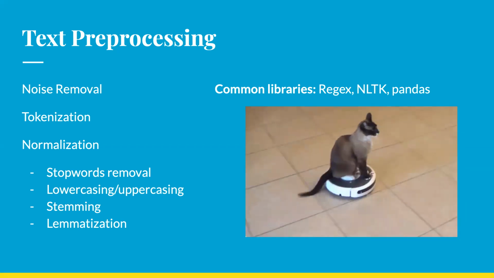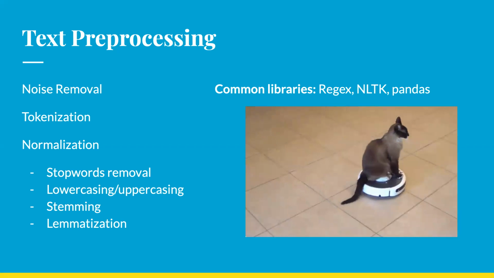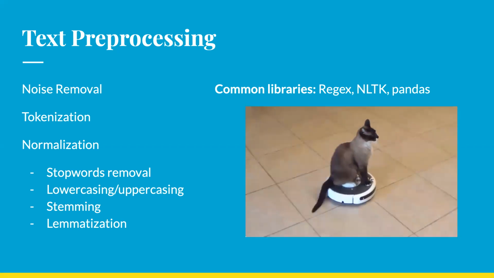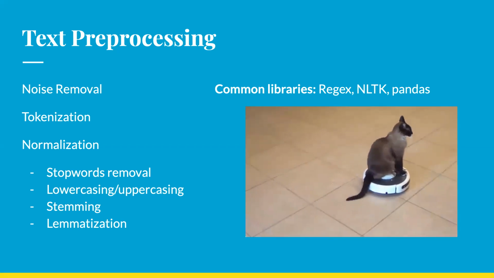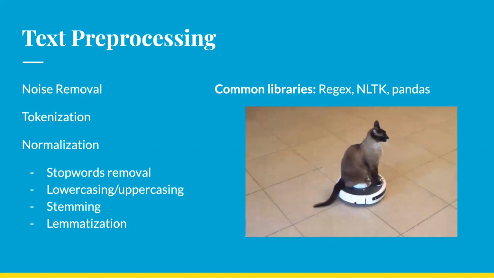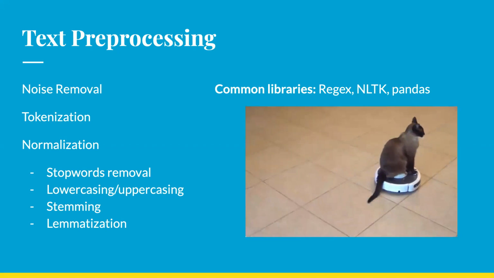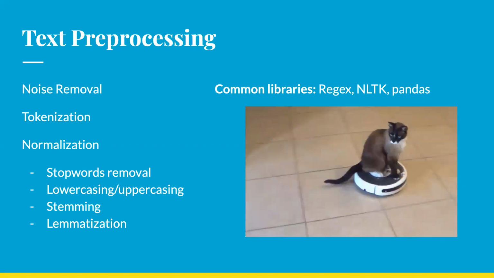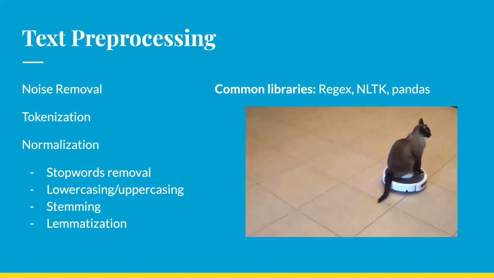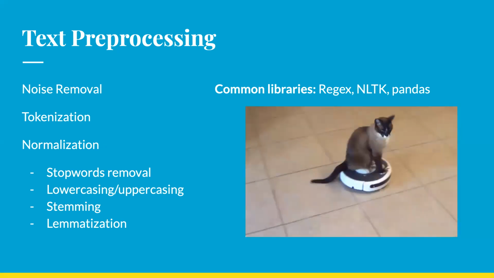Another is actually uppercasing and lowercasing. So if you want to look at text, you don't want to have capital the be different from lowercase the in a lot of situations. You want those to be the same word. And the same would be true of like my name. Maybe sometimes people spell it uppercase.